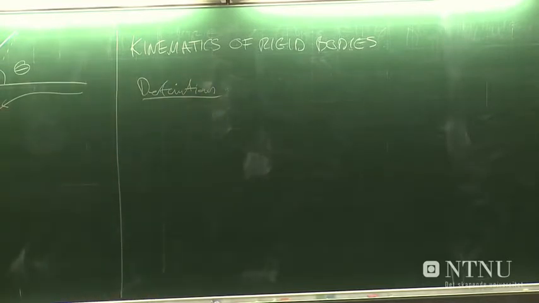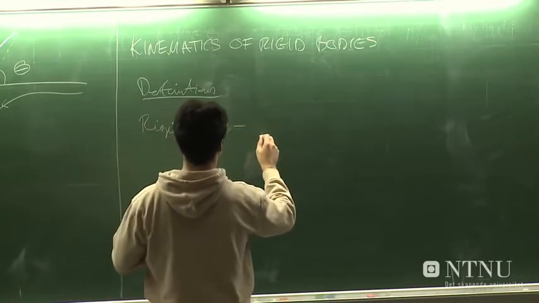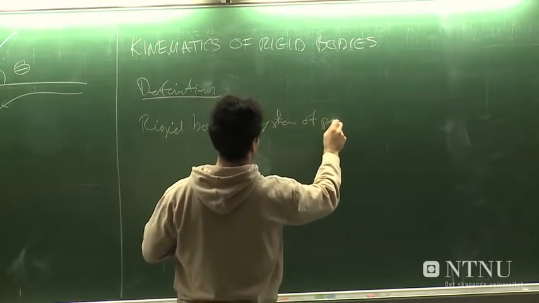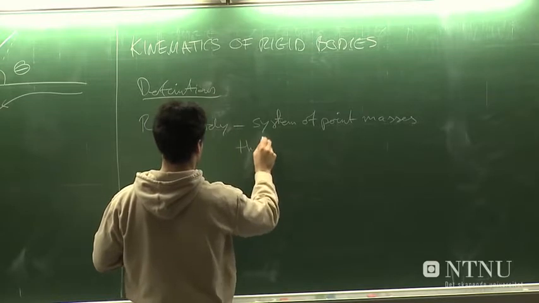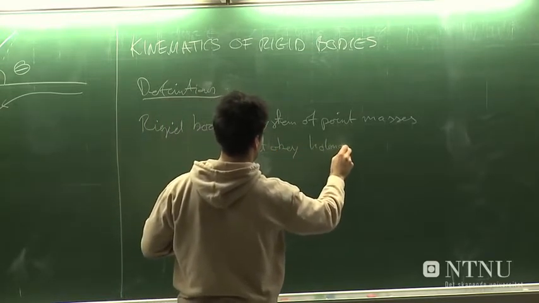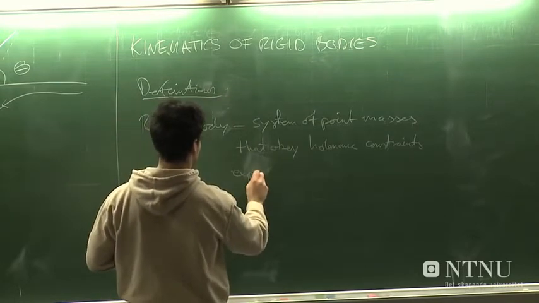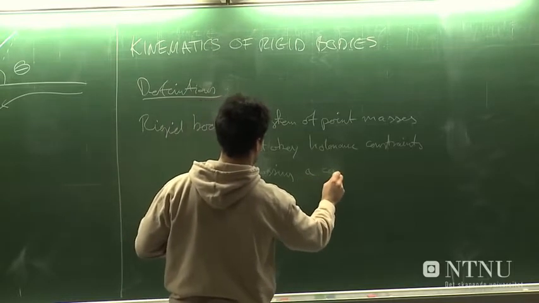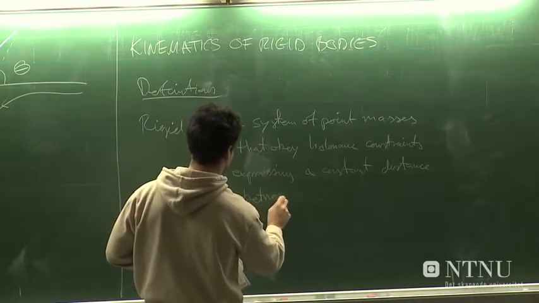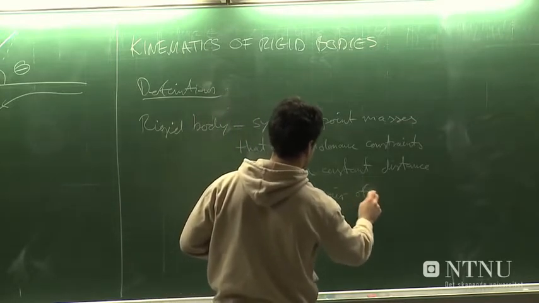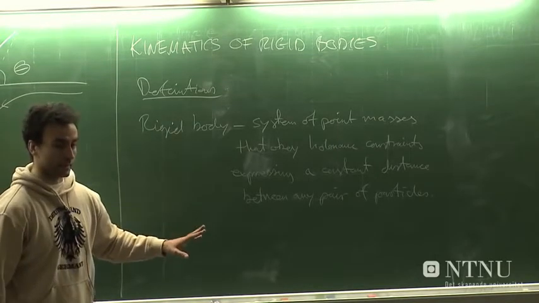And so let's define some of the terms that enter this title. By a rigid body, we can rigorously define this as a system of point masses that obey holonomic constraints.